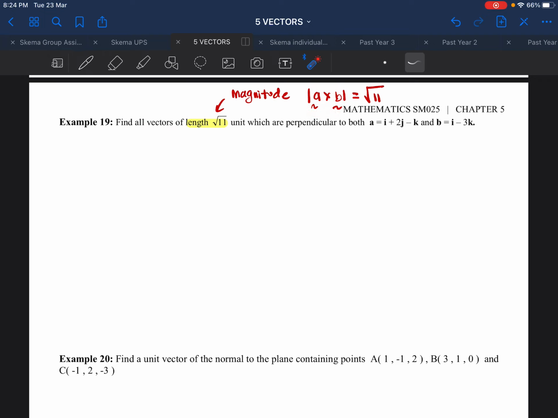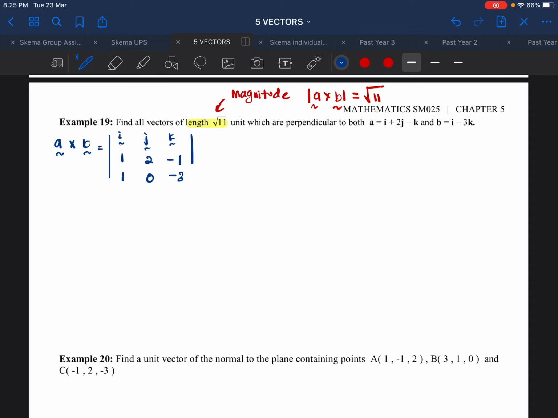Kita sekarang nak cari vektor kita. Let's say lah kita letak vektor kita as V1 or V2. Okay, so kita cari dulu kita punya cross product of A cross B. Boleh cari guna I, J, K. We have 1, 2, negative 1, dan kita ada 1, kosong, negative 3.